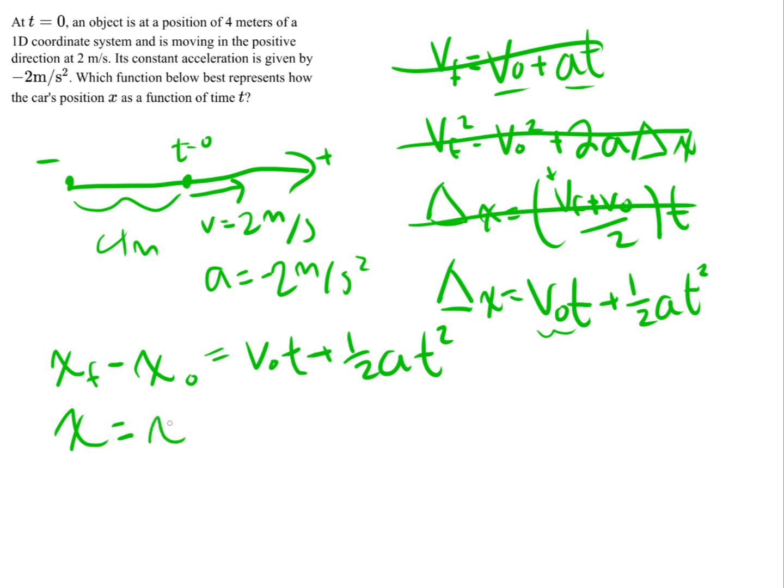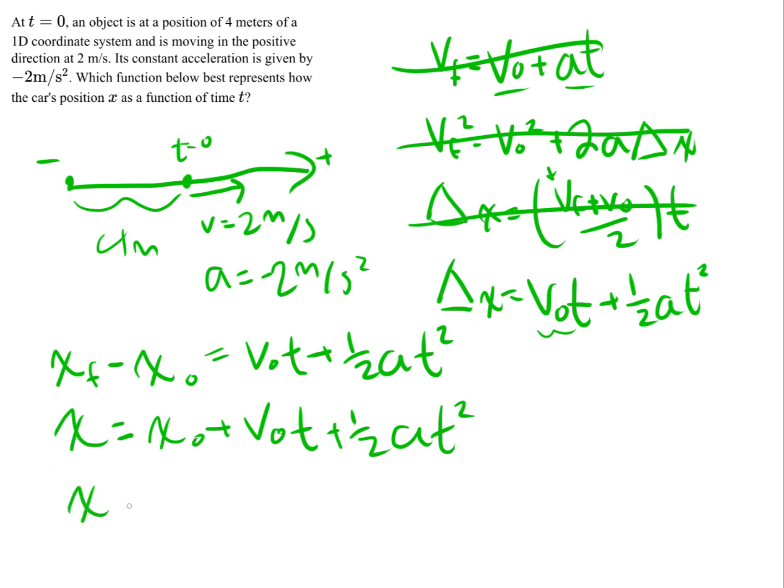So the position x is equal to the initial x position plus the initial velocity times the time plus 1/2 times the acceleration times the time squared. This gives us its x position as a function of time, where time is a parameter that you can input to change the value of the position.